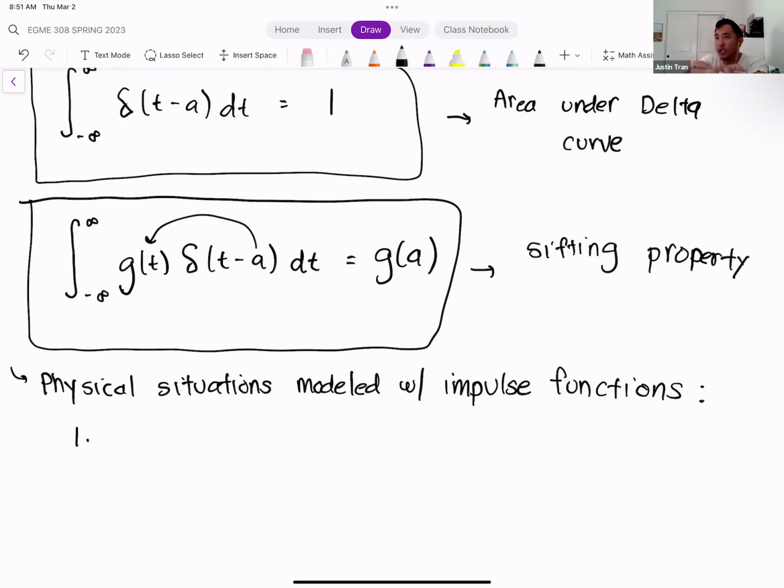The most classical example for an impulse function, and the one mostly used in physics classes, is if you have a mass spring damper system and you strike it with what they call a hammer blow.